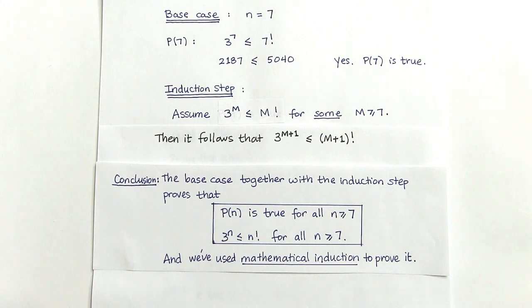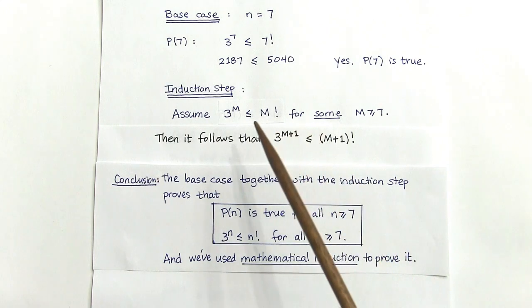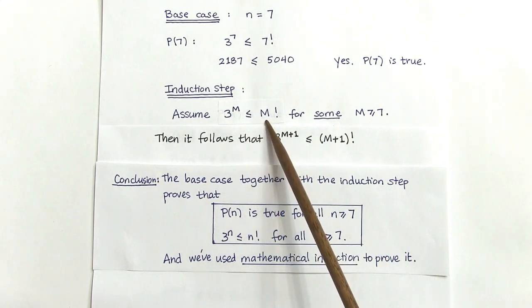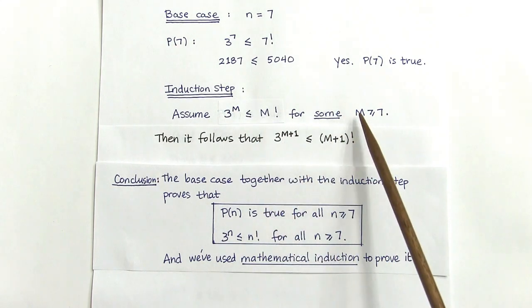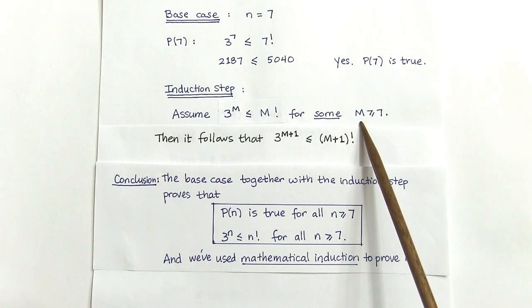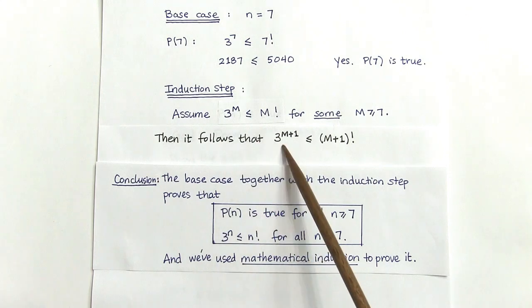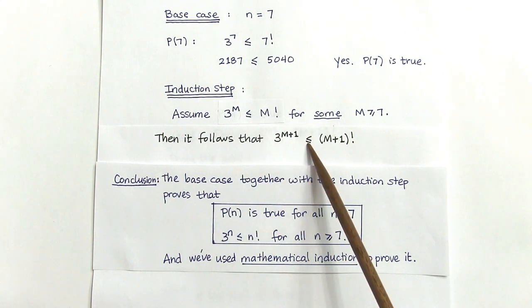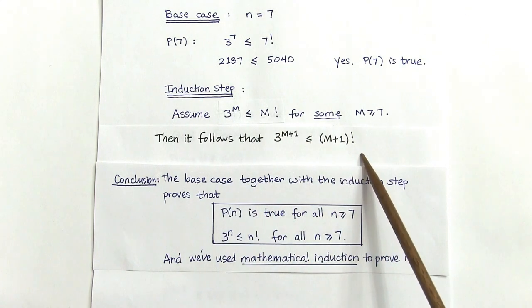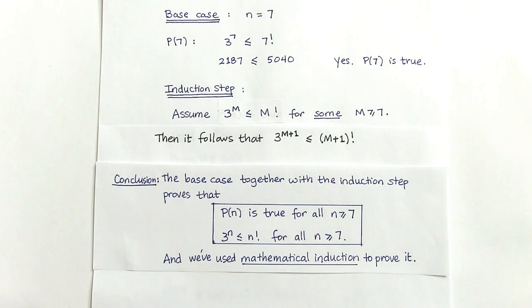And so we have completed the induction step. We have shown that if 3 to the m is less than or equal to m factorial for some value of m greater or equal to 7, then it must follow that 3 to the m plus 1 is less than or equal to the factorial of m plus 1.